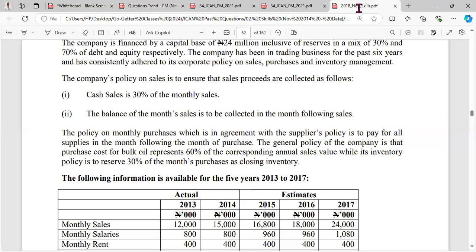So January to November is being collected in that year. December's 70% is collected the following year. Meanwhile, January's sales will contain December sales from last year. So that's the sort of thing we'll be doing.